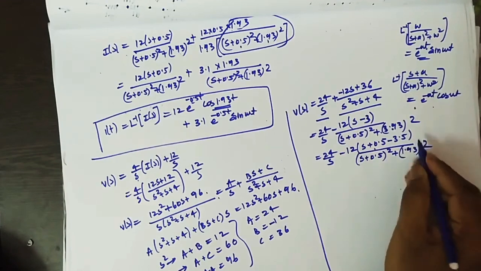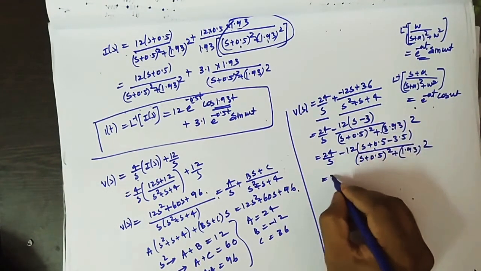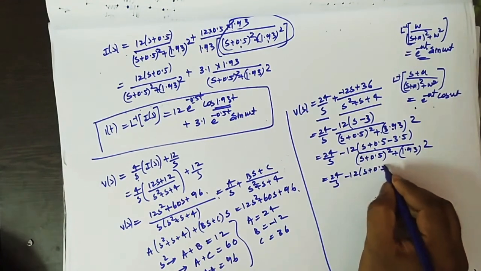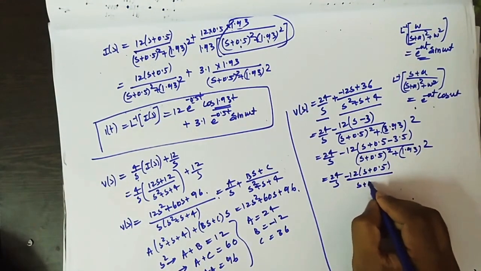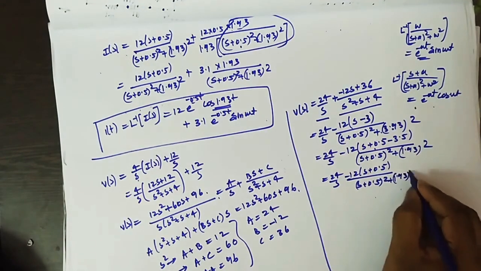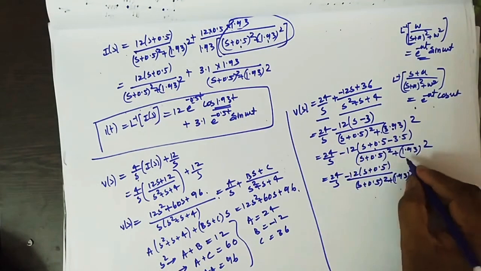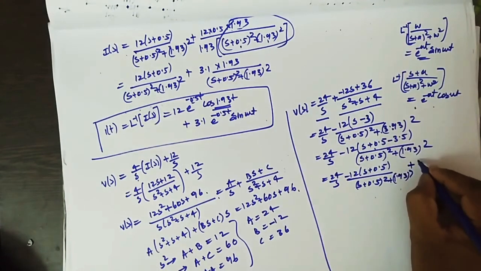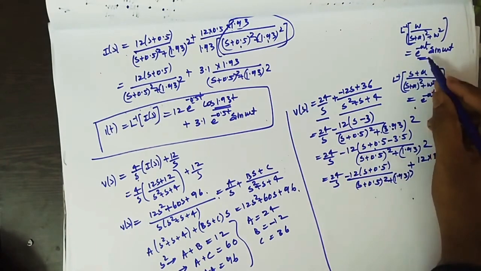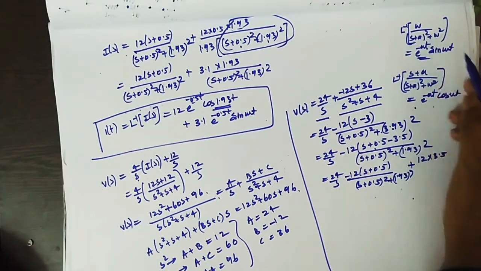1.93 whole square. So separate these terms here: 24 by s minus 12 into s plus 0.5 by s plus 0.5 whole square plus 1.93 whole square, and this term plus 12 into 3.5, and we need omega by s plus a whole square plus omega square.